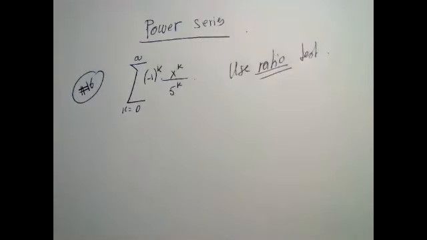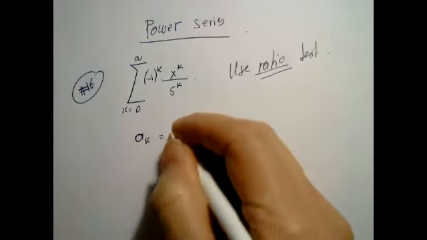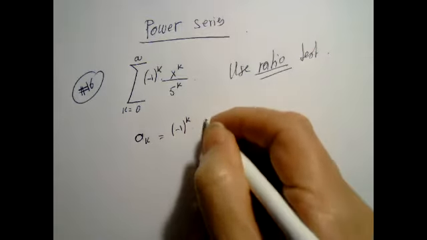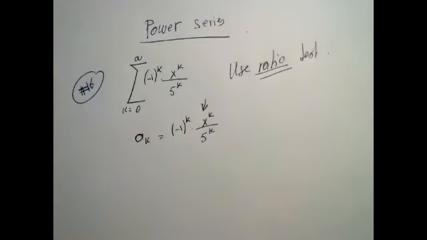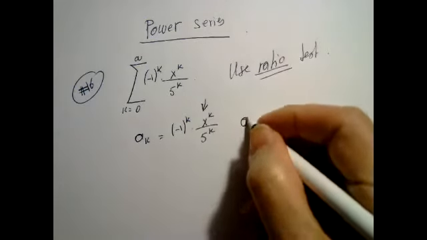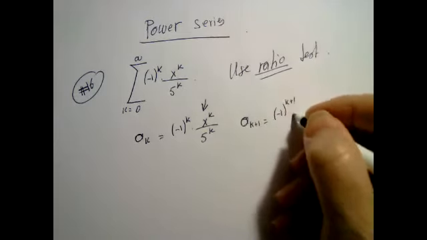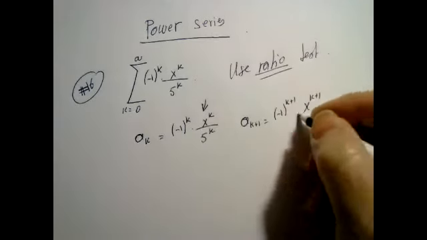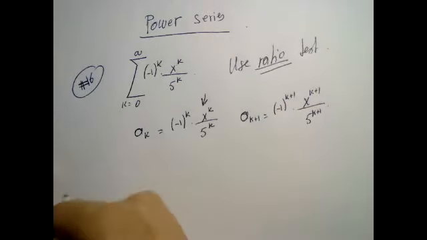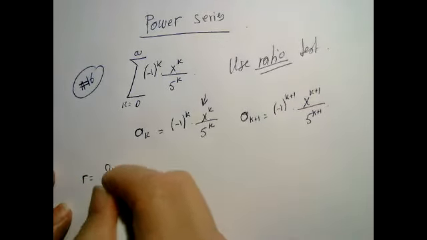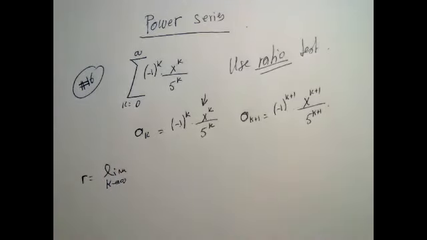Okay, so what does the ratio test tell me? We're going to take the general term, which is (-1)^k x^k over 5^k. Definitely there is an x in here, that is a variable. And the term that follows is (-1)^(k+1) x^(k+1) over 5^(k+1). We have to compute the ratio, and the ratio in absolute value, because the terms are not positive.